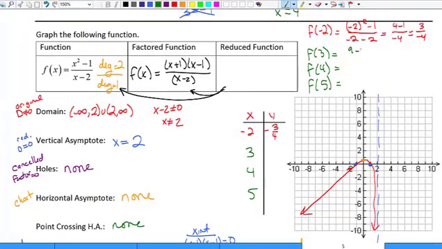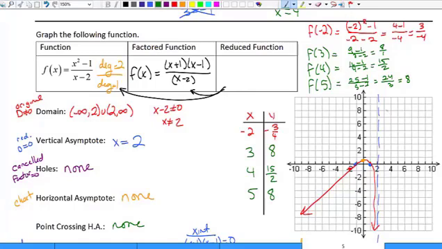I have 9 minus 1 over 3 minus 2, so that's 8 over 1. Then 16 minus 1 over 4 minus 2, I'm getting 15 over 2. And the last one, 5 squared is 25 minus 1 over 5 minus 2. It's 24 over 3, which is 8.